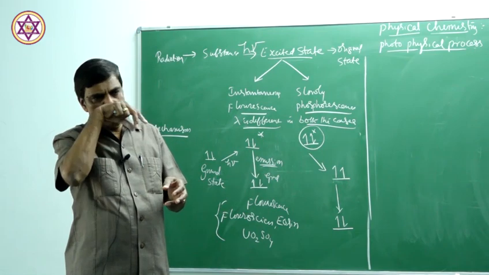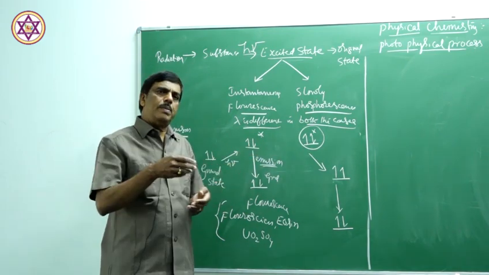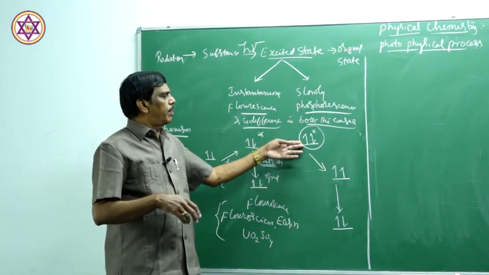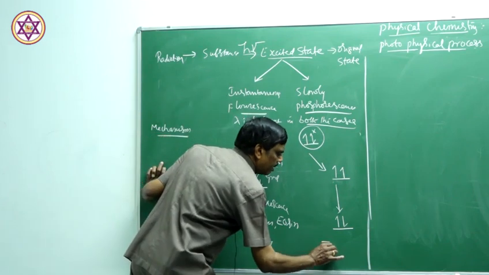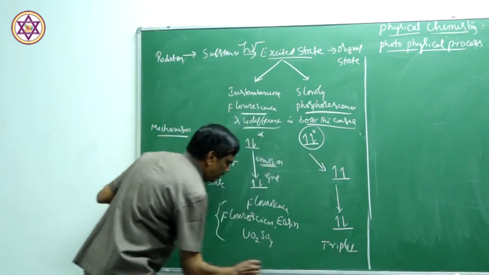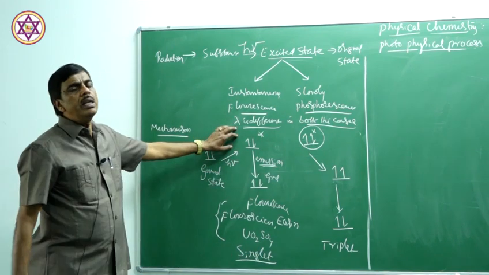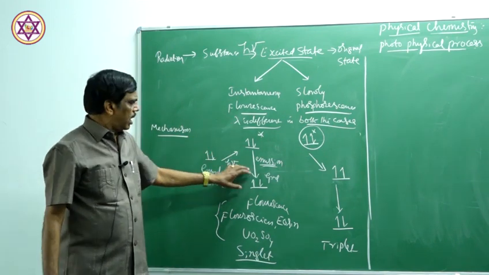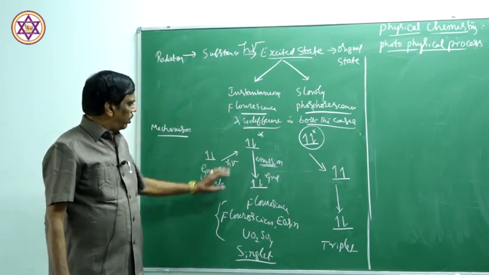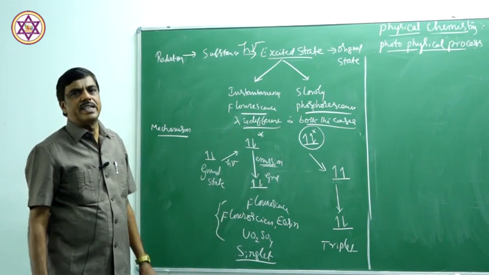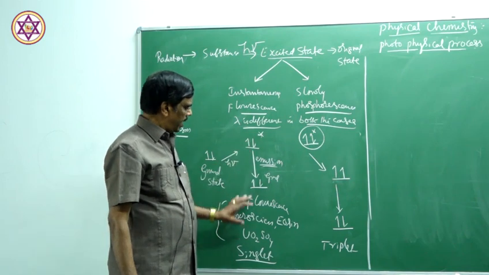Both the electrons undergo a change in spin. Both of them are in the up spin, or both in the down spin. This is called the triplet state. The other is the singlet state, where the excited electron and the ground state electron are in opposite spin. So, during fluorescence, the state of the electron is singlet.